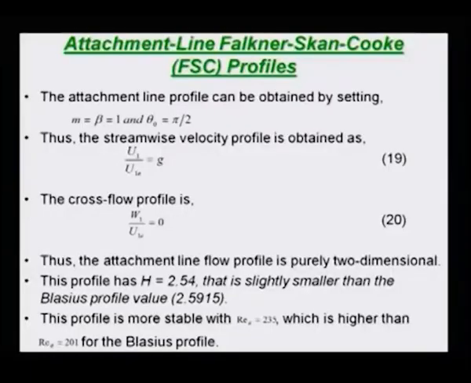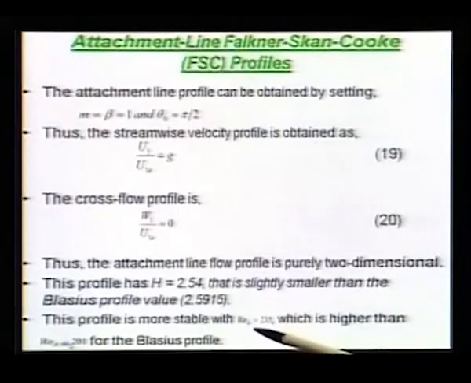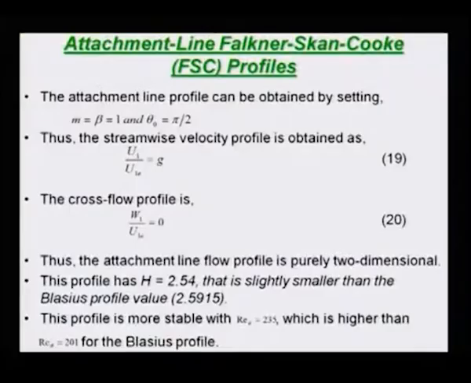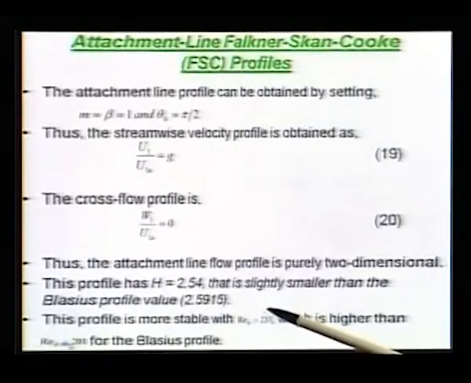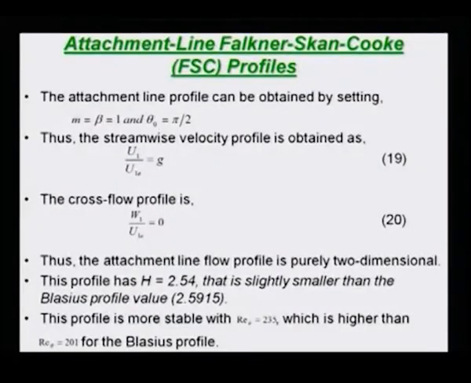So, you would see that, and this is what is obtained, that if I calculate Re theta critical based on momentum thickness, this is about 235, which is higher than Re theta equal to 201 for the Blasius profile. So, this is slightly more stable, right.